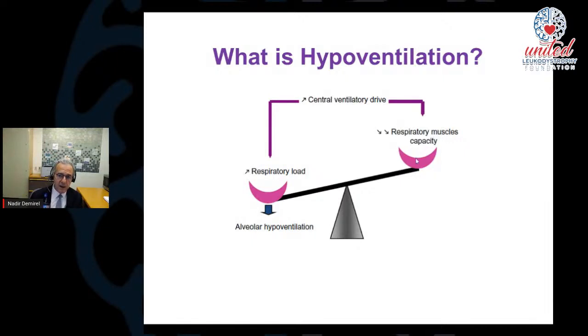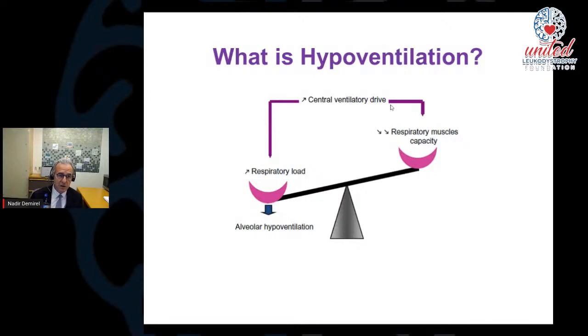So then this balance will go up. The other one is the central ventilatory drive. It's in our brain. There's a respiratory center, and this center sends messages to our respiratory muscles to start a breath. If it doesn't send a message, there is no breath.